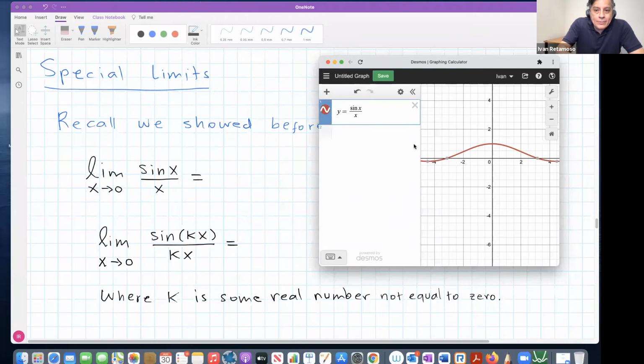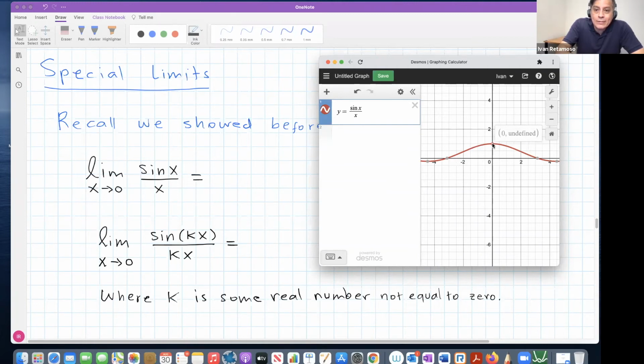Another way is to use our Desmos graphing tool and see that this function, when graphed, shows this, right? There is a 1 there. So when you approach 0 from the left, the output values are headed to 1. When you approach from the right, the output values are also headed to 1. Right at 0, this function is undefined.